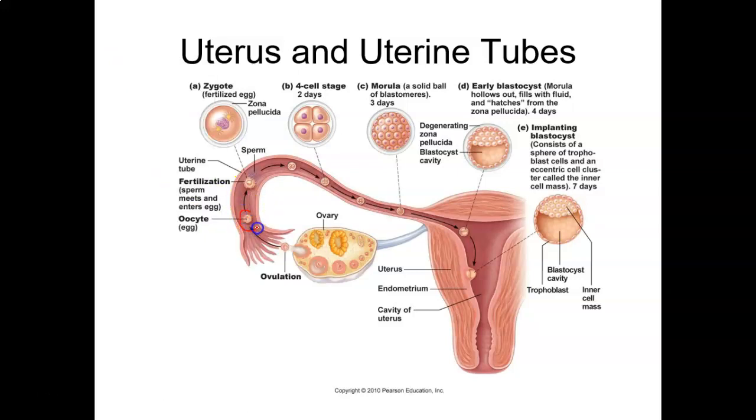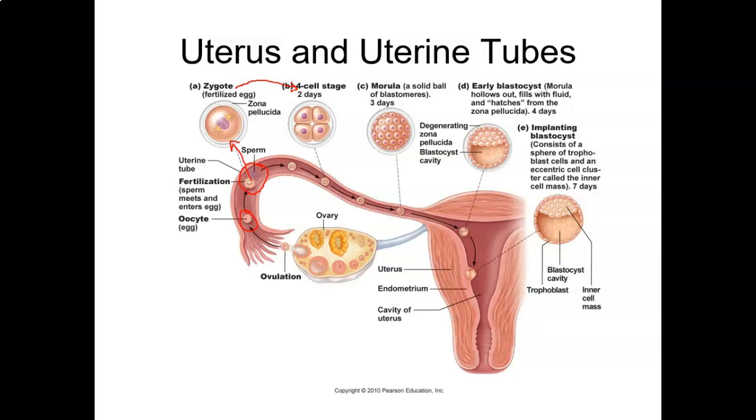As the oocyte and the sperm meet up, the sperm penetrates the oocyte, and when they combine, they form something called a zygote. That zygote then becomes something that's around 4 cells in size.